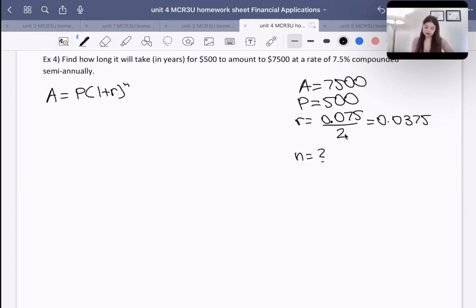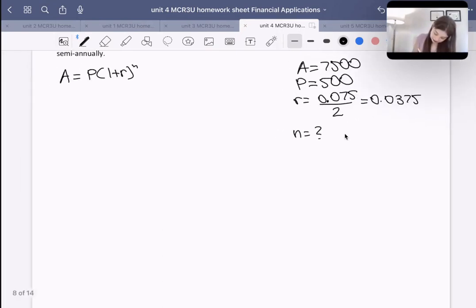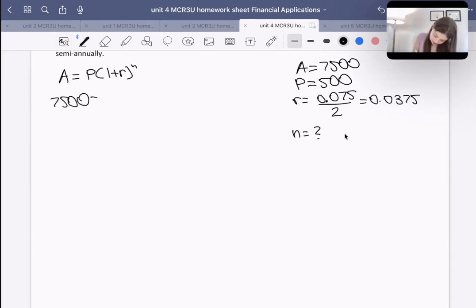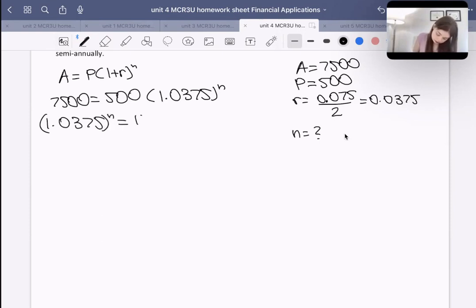So let's do this one. A is 7,500 equals 500 times 1.0375 to the power of n. So 7,500 divided by 500 is 15. So that means 1.0375 to the power of n is equal to 15.